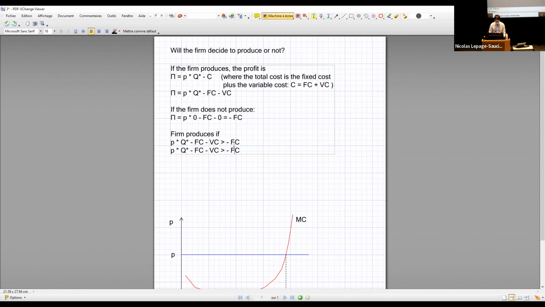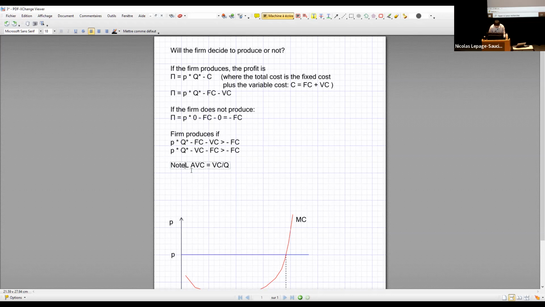And let me be a bit more specific. Variable cost, I can multiply and divide by Q here. Note that average variable cost is equal to the variable cost divided by Q. You do remember this, right?